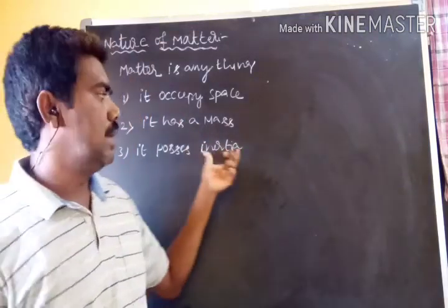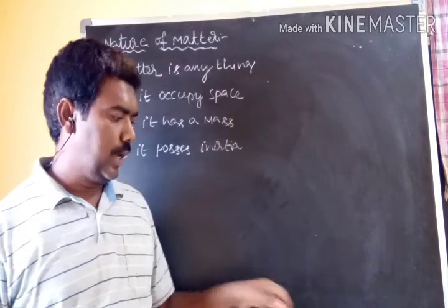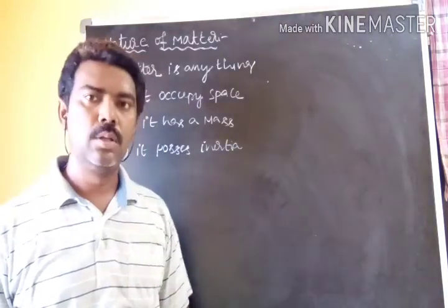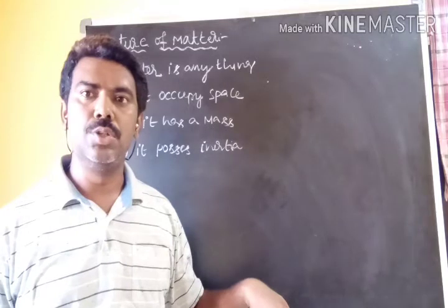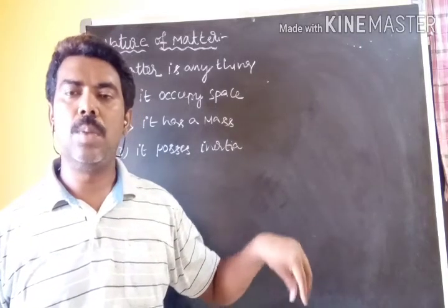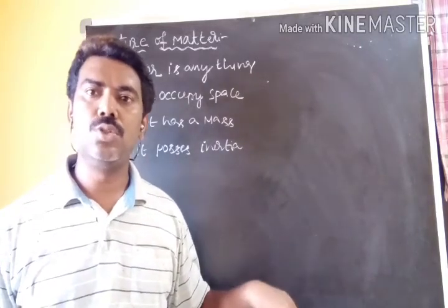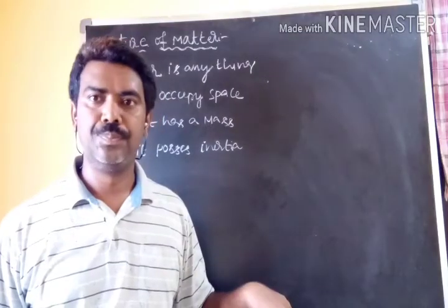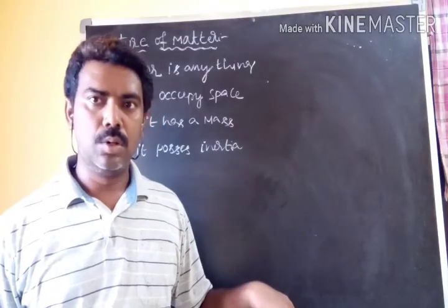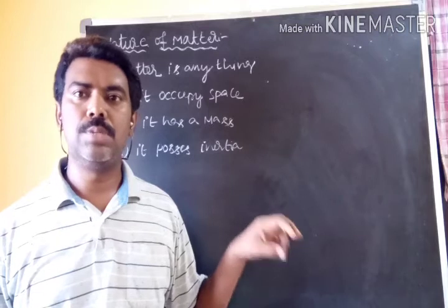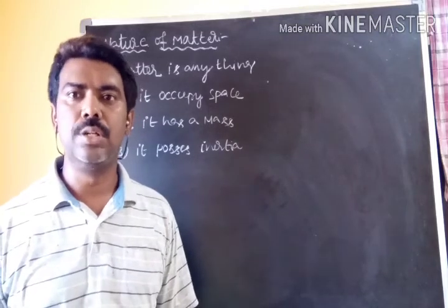That property is called inertia. For example, the duster. The duster is present in a particular position, and whenever force is applied on the duster, it also opposes the change in position or place. That property is called inertia.